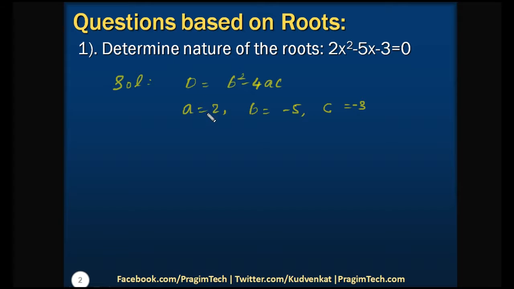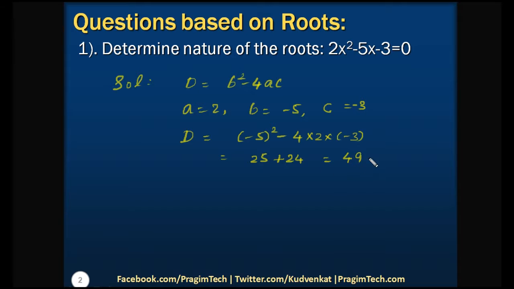Right? Substitute these values in the discriminant D, that is equal to b square, that is minus 5 square, minus 4 into a, which is 2, into c, which is minus 3. So this is equal to 25. Here minus of minus will become plus 4 into 2 into 3, which is 24. So that is equal to 25 plus 24, it's 49, right?